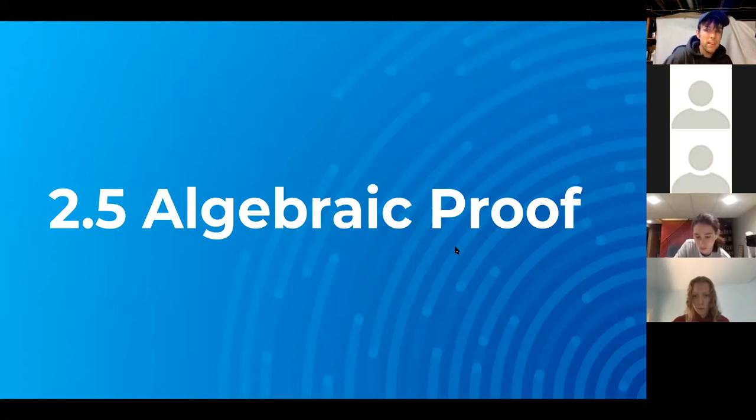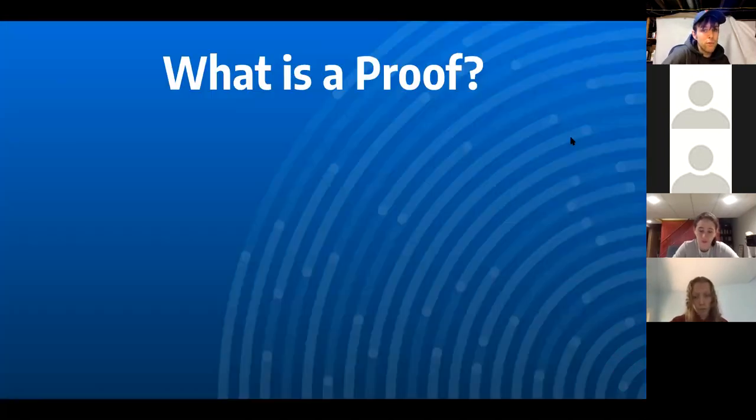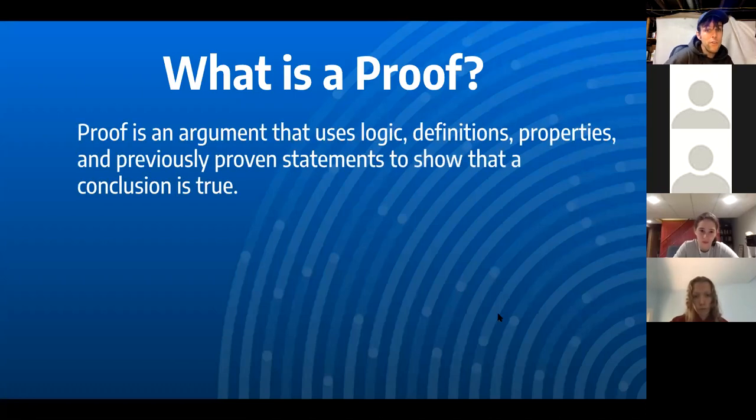Those are some properties that equality has that allow us to actually come up with solutions. And so we're going to use those to write justifications as we go. And this is going to introduce us to this idea of proof. So what is it? A proof is an argument that uses logic, definitions, properties, and anything that was previously proven to show that we have some conclusion which is true.